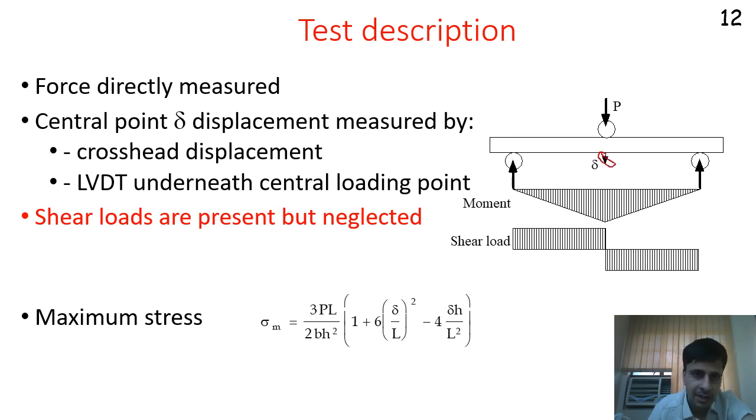You measure the distance. Keep in mind that the shear loads are usually present, but you are neglecting it. And then depending on the dimensions of the specimen, if you know delta and if you know the load P that you have applied, you can calculate the maximum stress. We have learned about this briefly in our theory class.